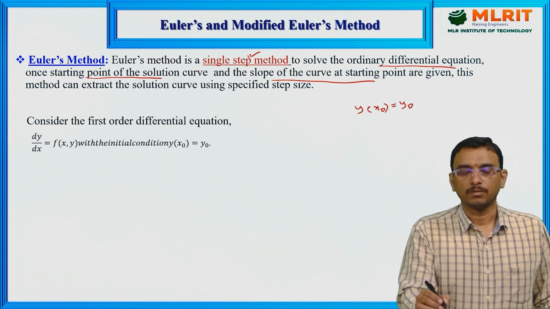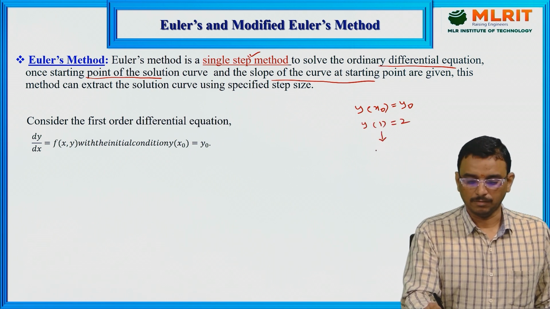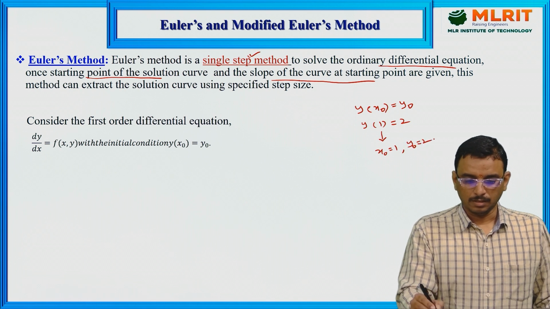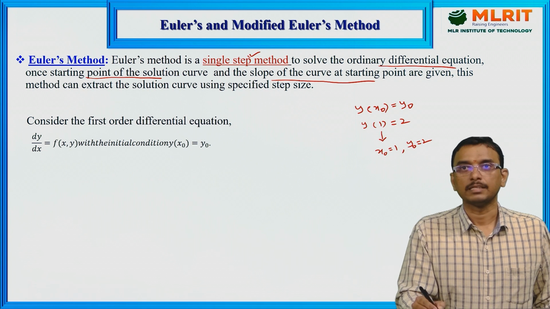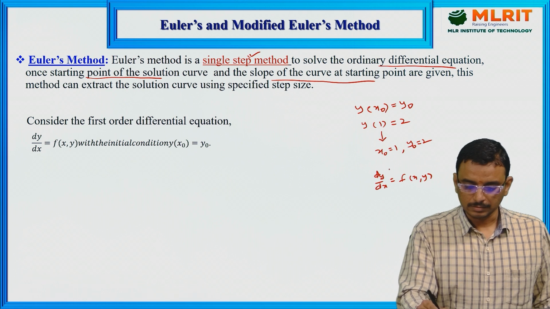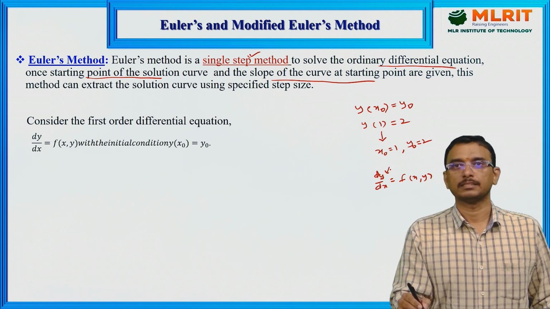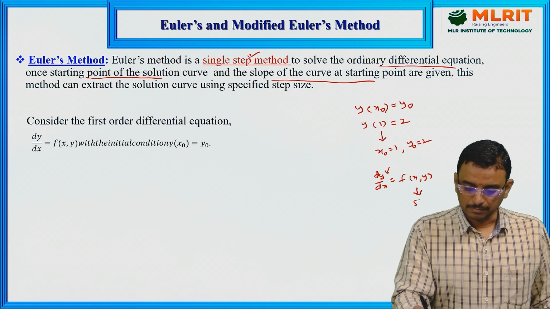For example, y of 1 is equal to 2, so here x naught is 1 and y naught is 2. And the slope of the curve is dy by dx equal to f of x comma y. The derivative of y with respect to x is f of x comma y, and this is the slope of the curve.